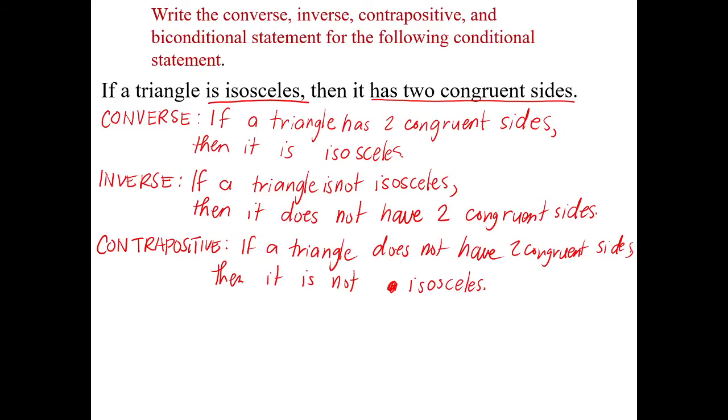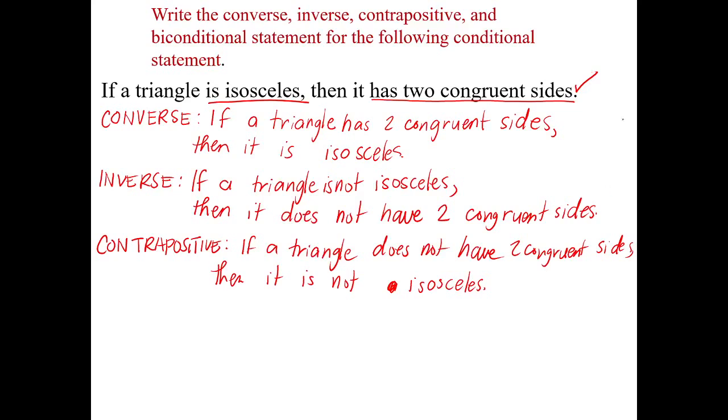Sorry for that. Okay. Let's analyze first. Go to the conditional. If a triangle is isosceles, then it has two congruent sides. Is that true or false? Is this statement true or false?